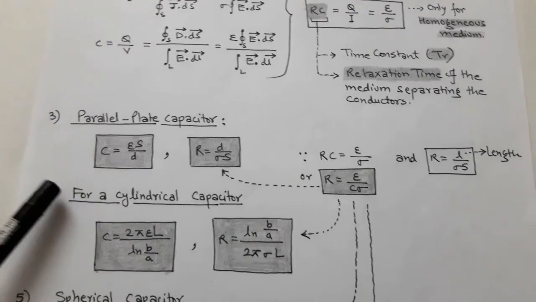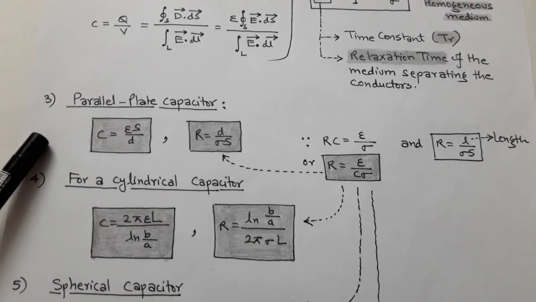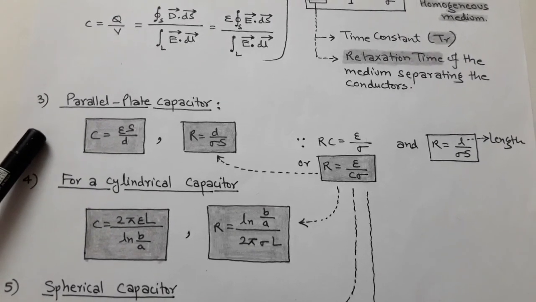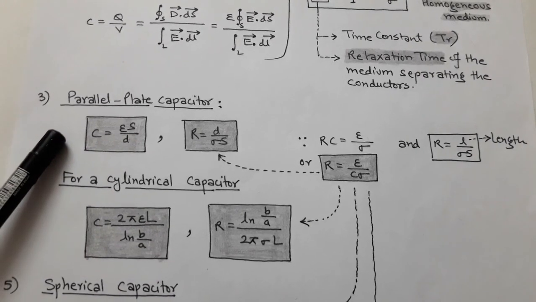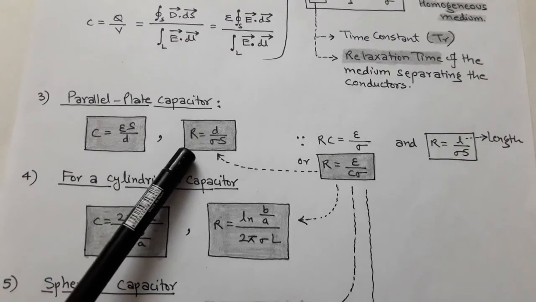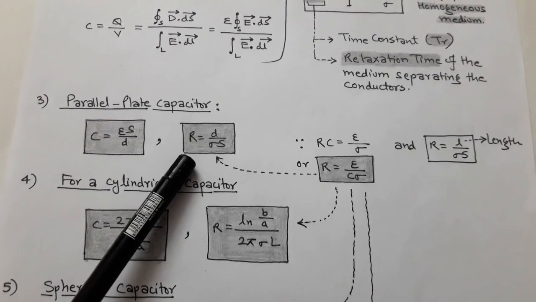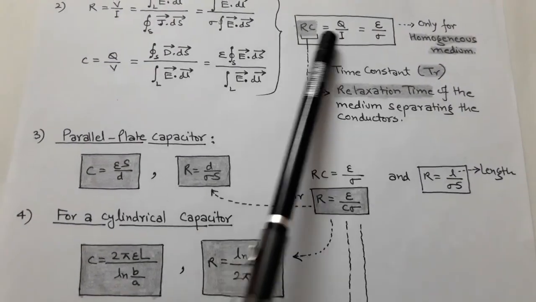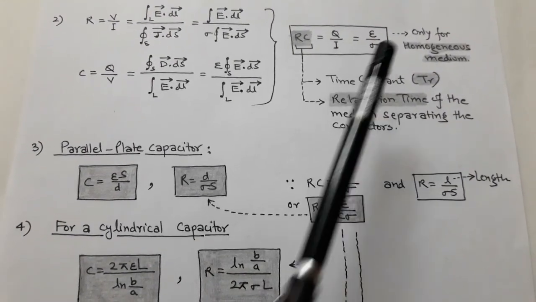Now for a parallel plate capacitor, the capacitance is epsilon S upon D. S is the area of the plates and D is the distance between these two plates. R equals D upon sigma S. This resistance can be obtained by using the time constant RC equals epsilon upon sigma.